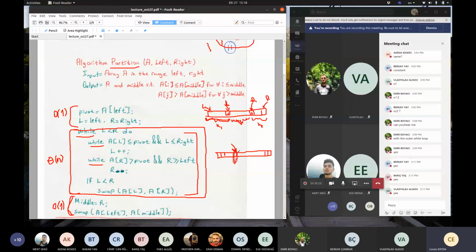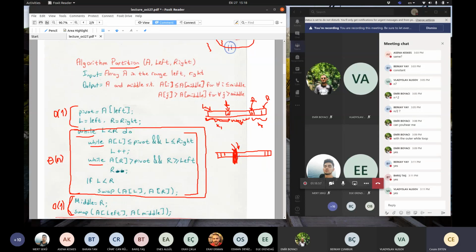How much time is spent for this element of the array? If it has been accessed under L, and if it is true that it is smaller than or equal to pivot, we will just move our left pointer to the right, which means that for this element, overall in the whole while loop, we have spent only constant time.